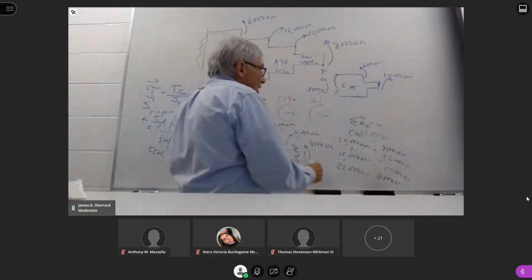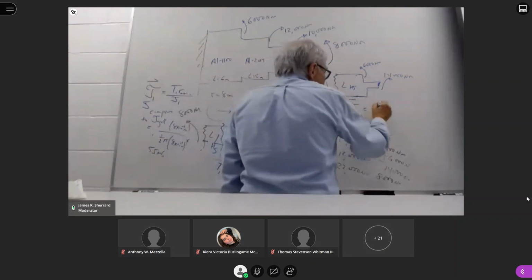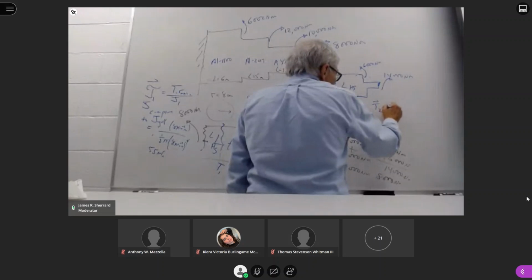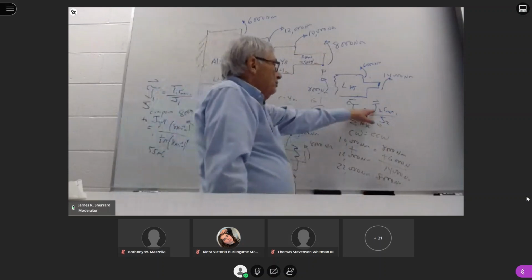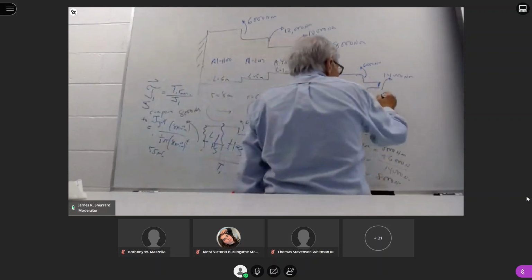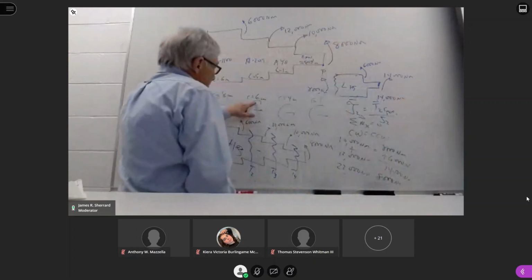When I go to calculate the shear stress in region 2, I know it's the torque in 2 times the maximum radius there divided by J2. We've just shown that this is 14,000. My R value is 6.